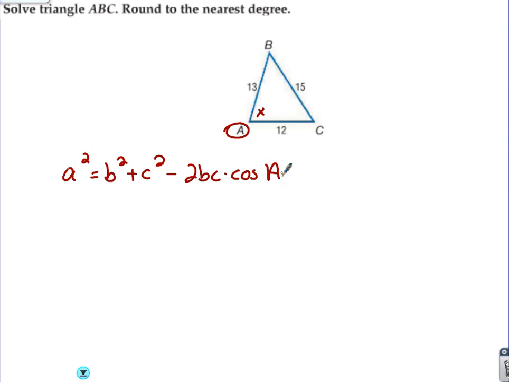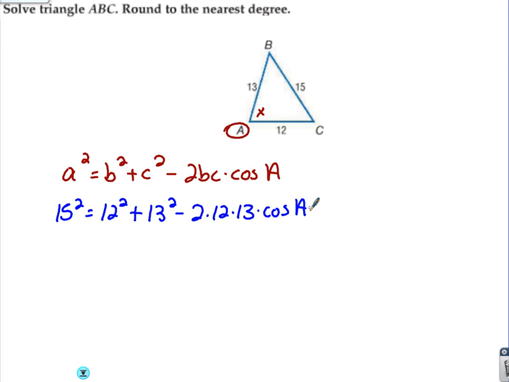Well, I guess, yeah, we got b and c there. Colton, what's little a? Good. So we have 15 squared equals, what's little b, Alex? Good. Plus, what's little c, Matt? Good. Minus 2 times 12 times 13 times the cosine of A.